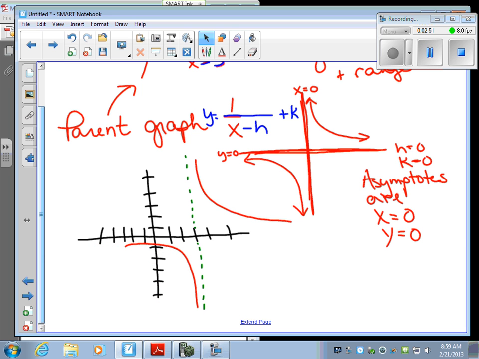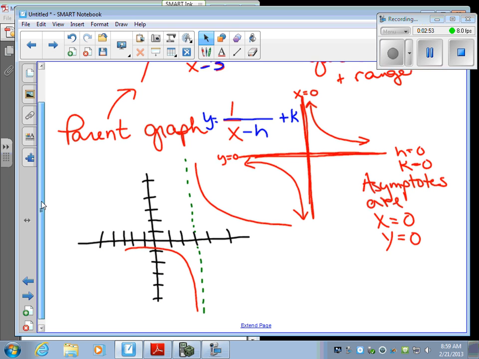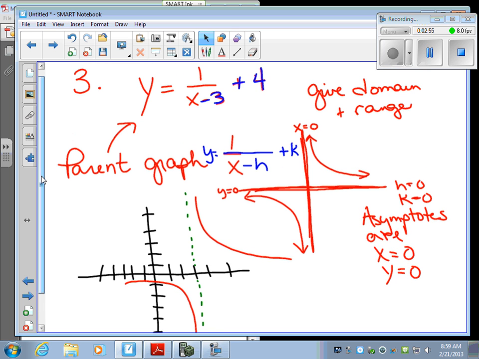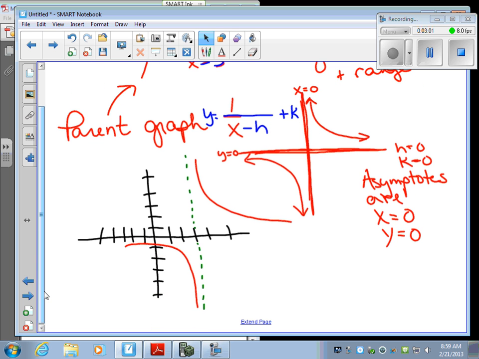But also I have a plus 4 at the end. So it's also going to move up 4. So instead of being at 0, it's going to go up 4, and this is going to go up 4.